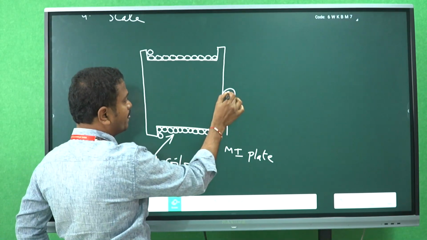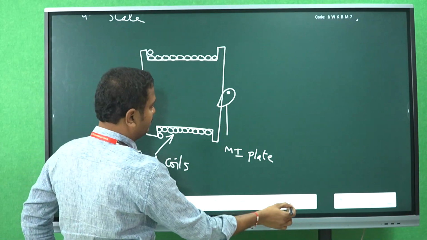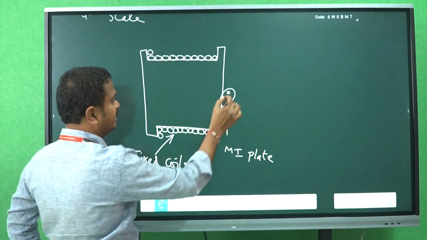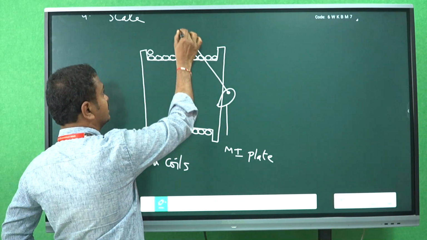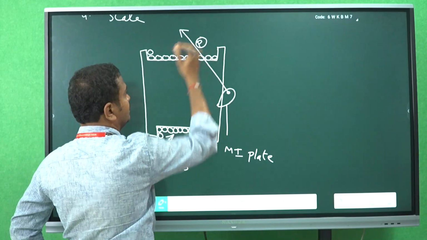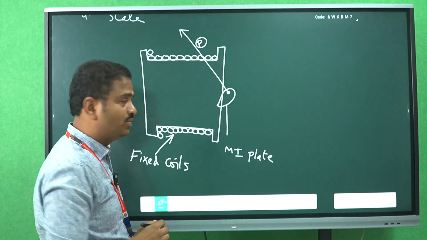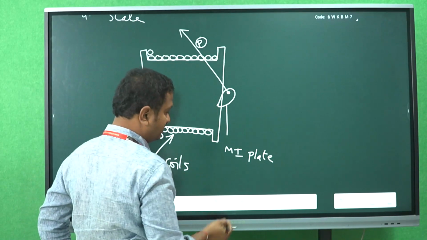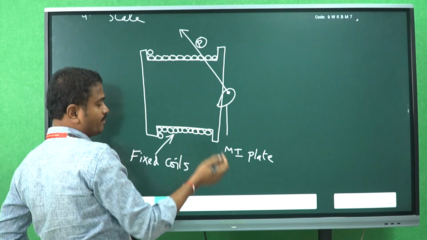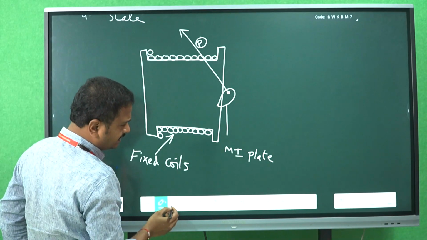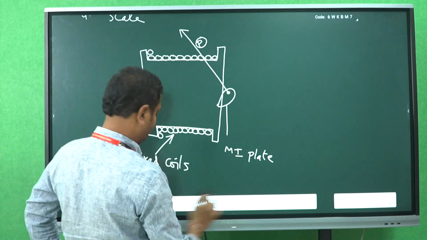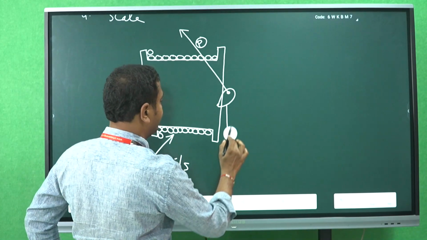Now we have to connect a pointer. This is pointer P. The pointer is connected to the moving iron plate. Now we have to use the damping system, nothing but air friction damping.